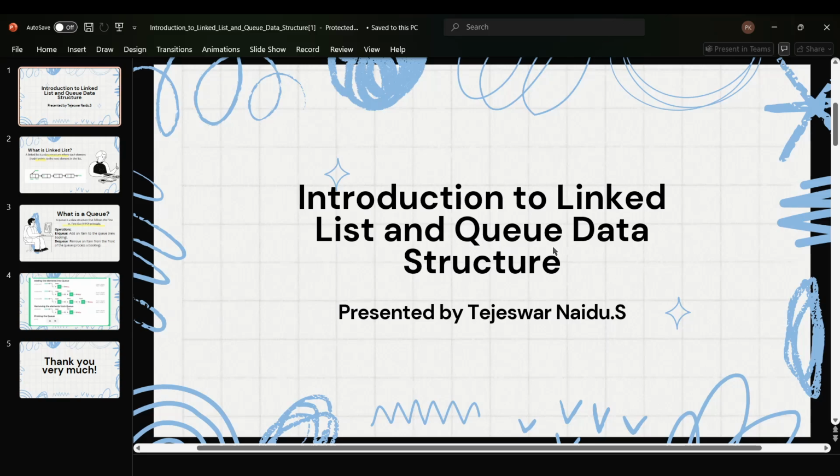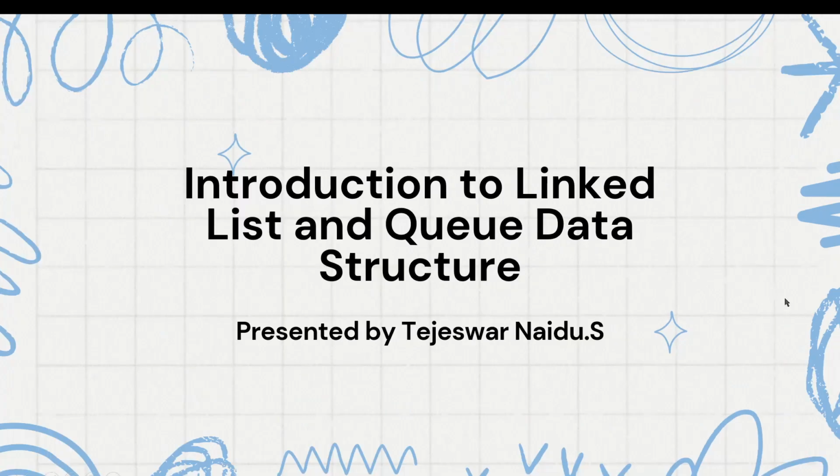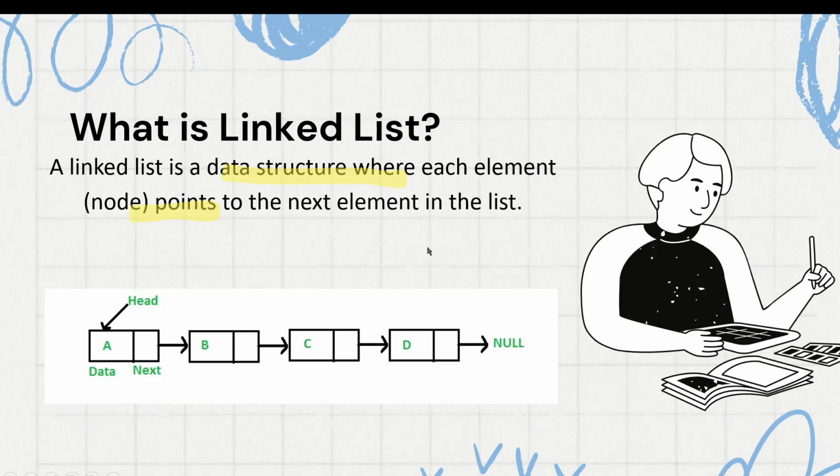Before that, let's get into linked list and queue data structure. So what is linked list? It's a simple data structure. A data structure is a way of storing data. So you need a structure to store the data. In linked list, you'll have nodes. Each node will contain data and point to the next node. So you can see here, this is the head.